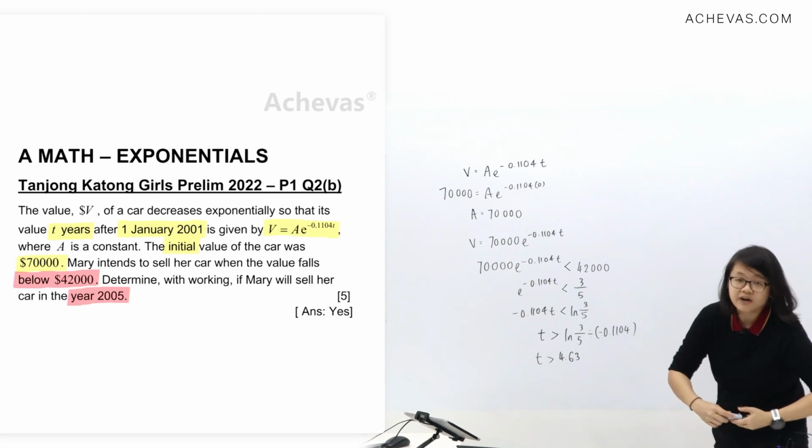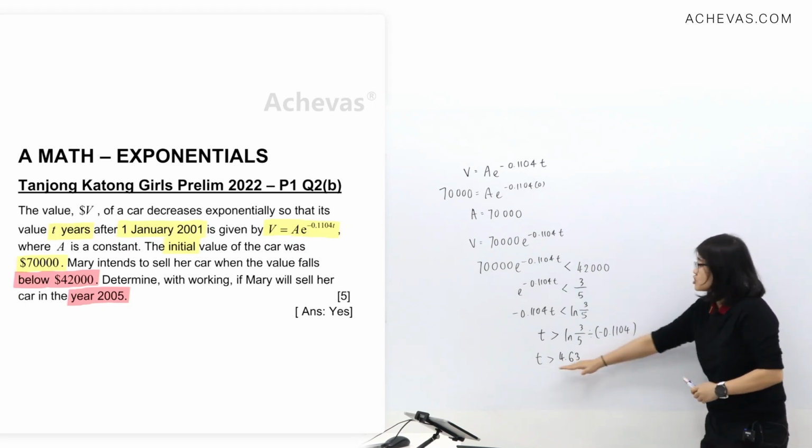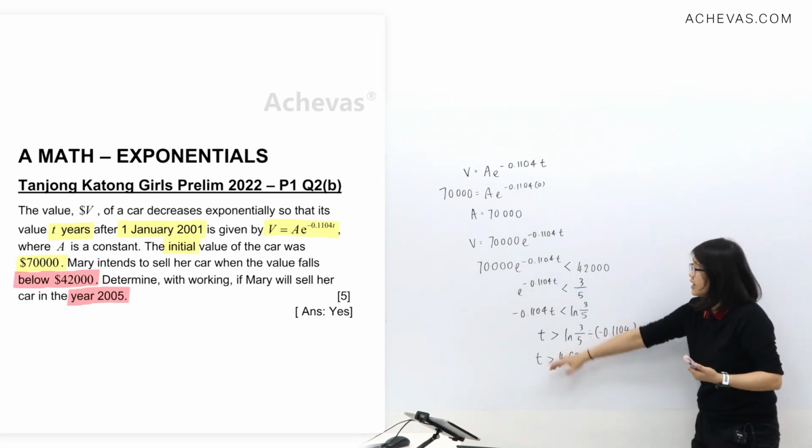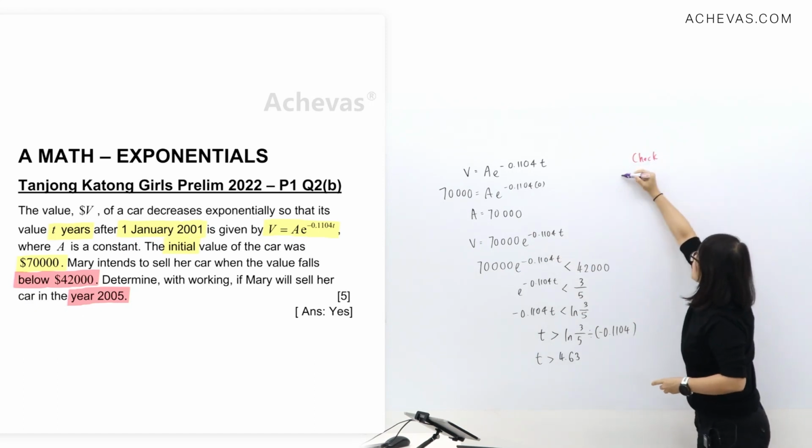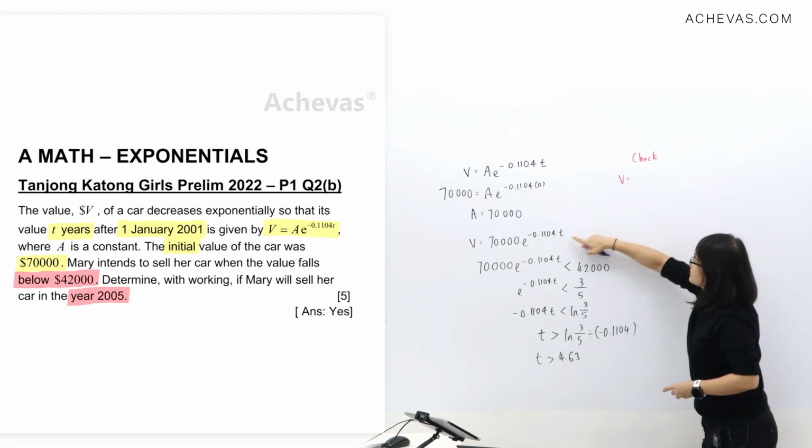Now, I highly encourage you to do a checking. So I'm going to check t as 4 and 5 and put into the V. So I'm going to do a checking now. What's the value of the car at t equals 4 and t equals 5?